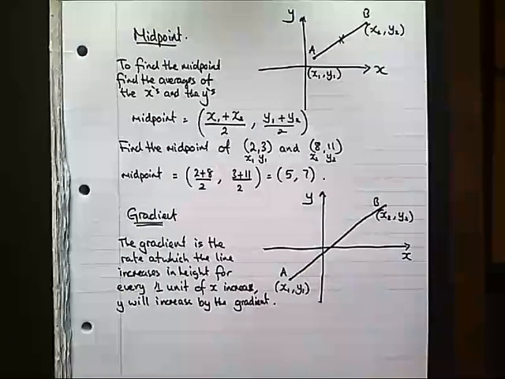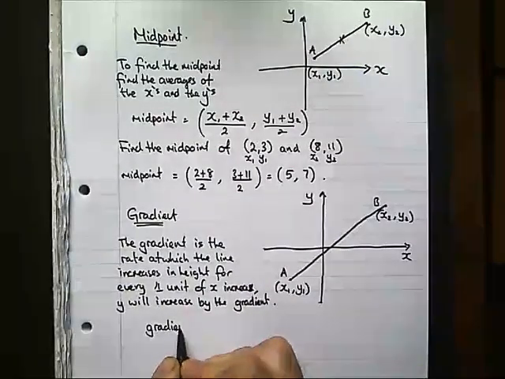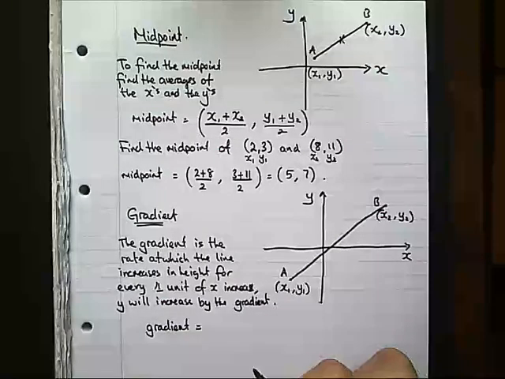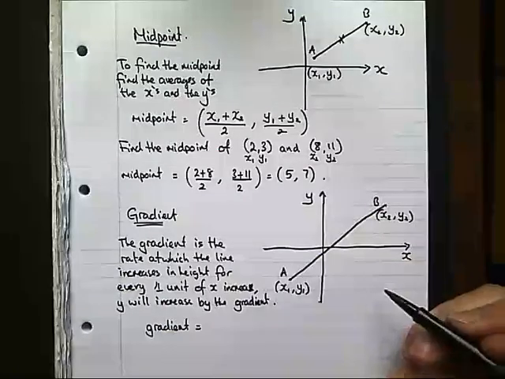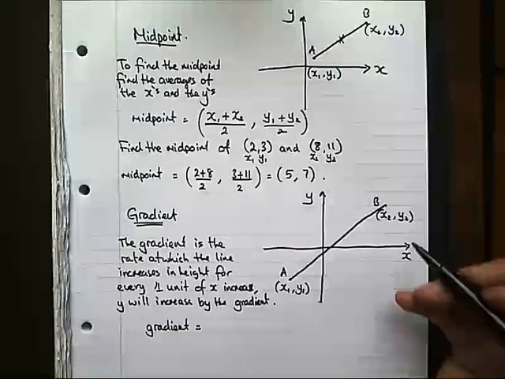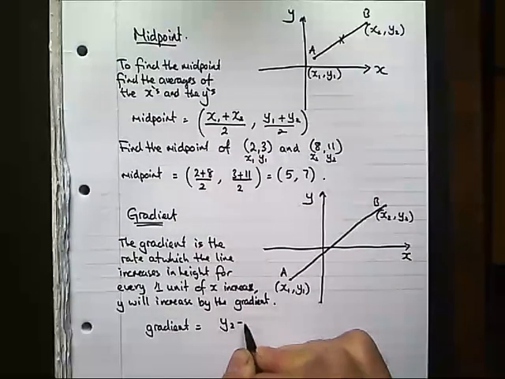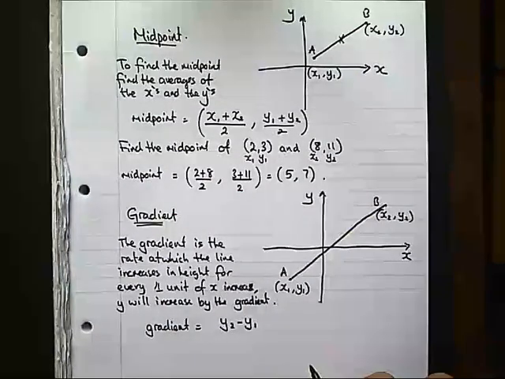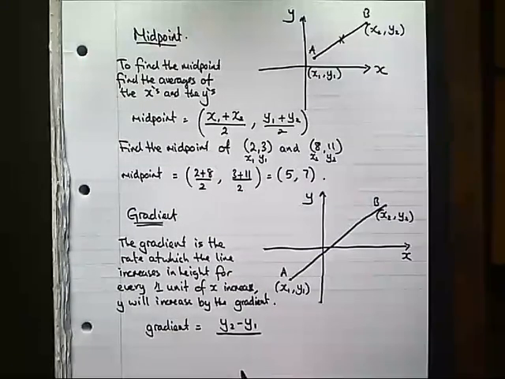Okay, so there is a way of working out the gradient. So the gradient, and we use the coordinates that we get given. It's basically the difference in the y values divided by the difference in the x values, and you need to keep them around the same way. So we take y2 and y1. You could swap them round, but you need to make sure you have the same numbers underneath in the same order.